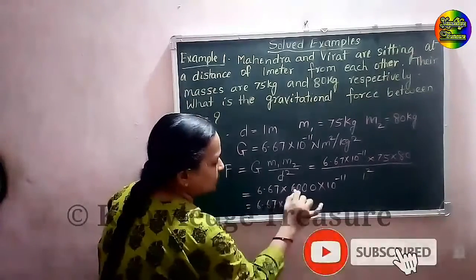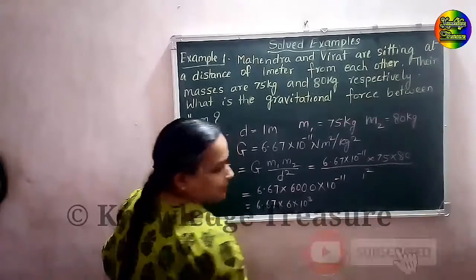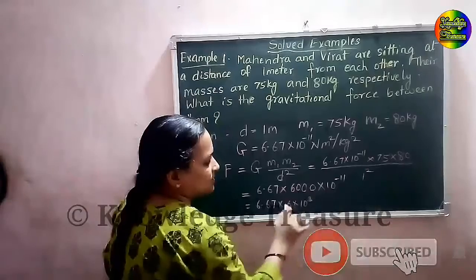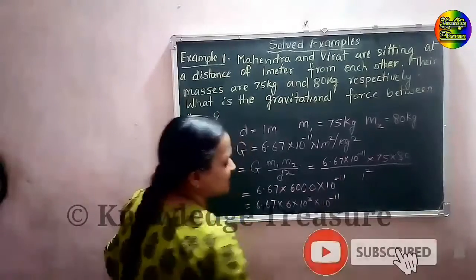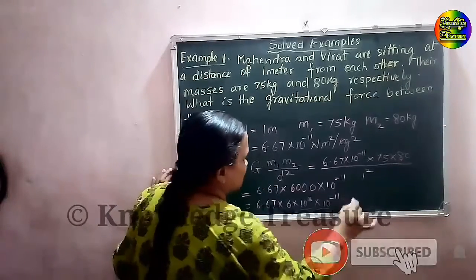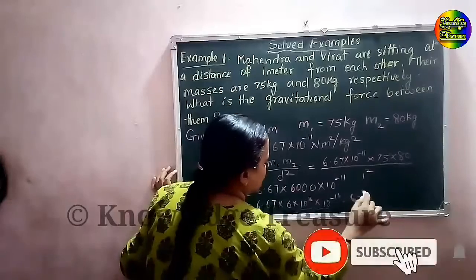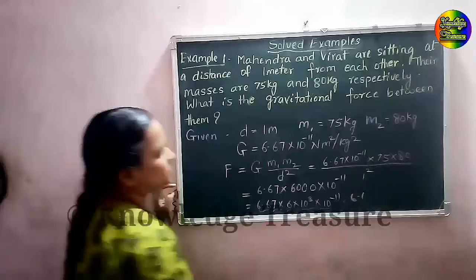Again, for 6.67 into this, we can write 6 into 10 power 3, that is 6 into 1000. 6 into 10 power 3 into 10 power minus 11. By simplifying these two, we are getting 6. Now simplify 6.67 into 6.